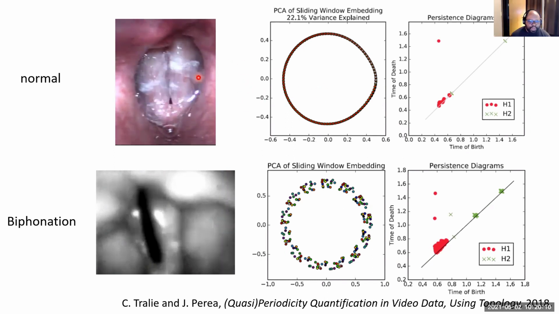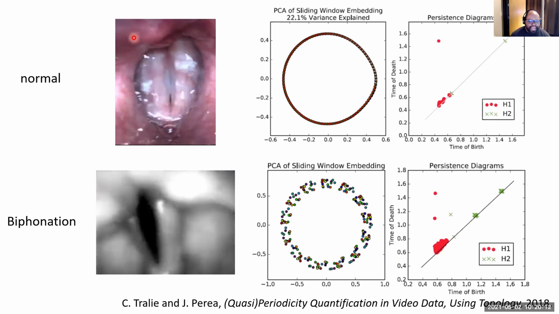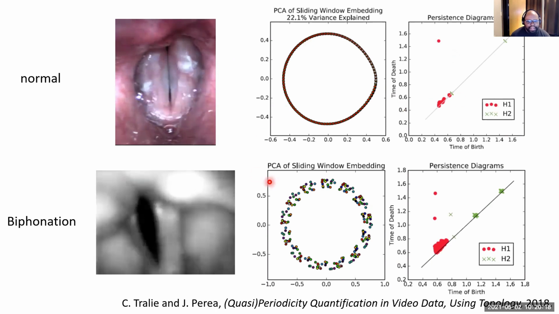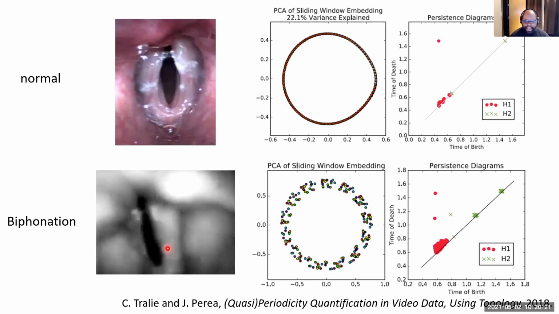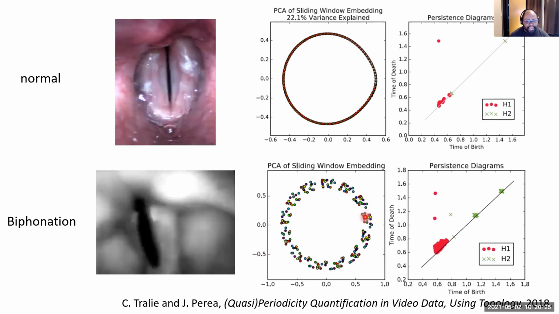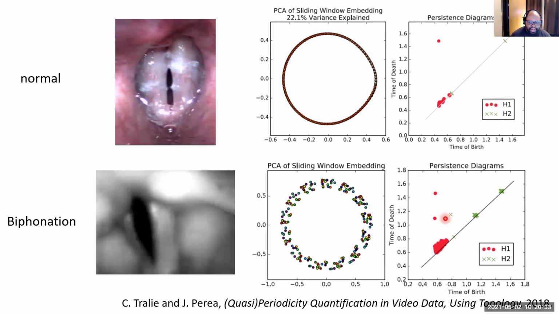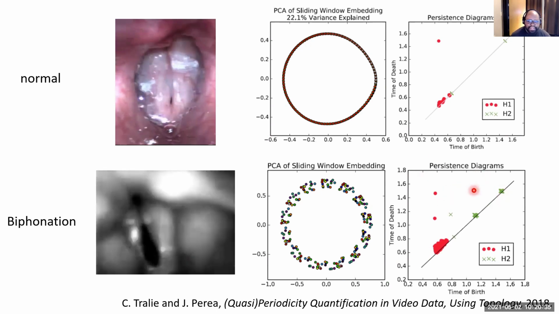For a normal person, you get a sliding window embedding that looks like a circle, and that is very clearly demonstrated in the persistence diagram. But for other conditions, for example biphonation, what you get resembles a torus instead, because you have the vocal folds vibrating with clashing frequencies, and that is again demonstrated in the persistence diagram.